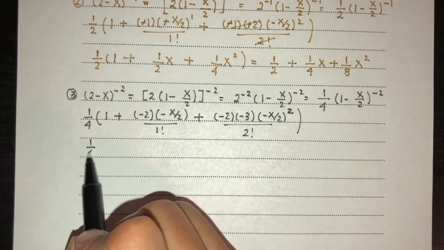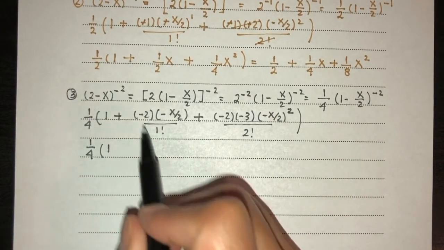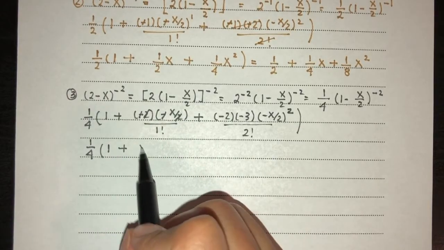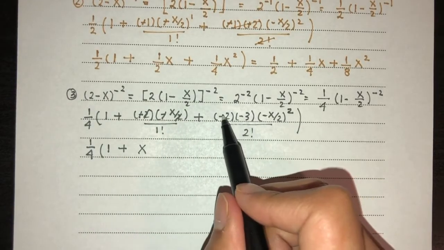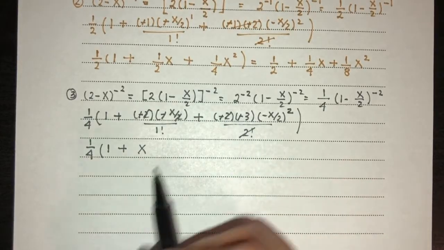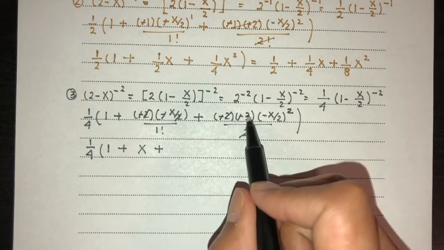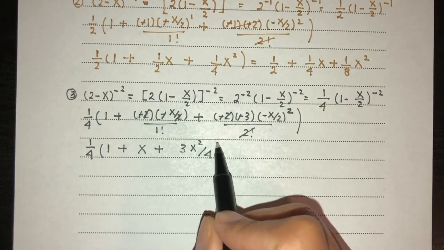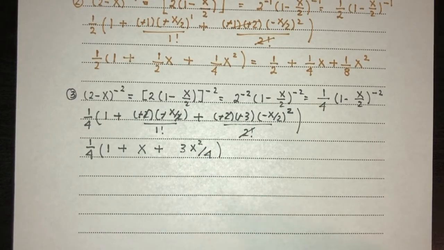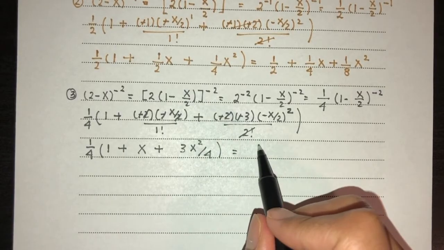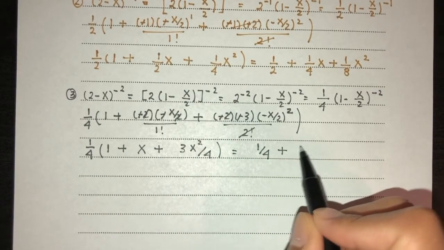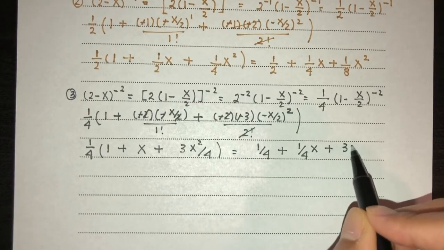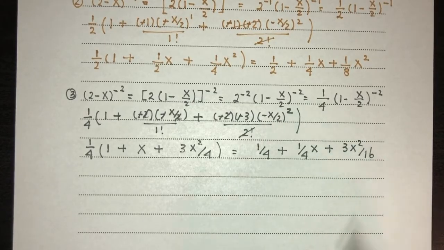We have 1 over 4 times 1. This is cancelled out, plus x, and here we have cancel out. That become plus 3 x squared over 4. Now we have to expand to see what happens. Becomes 1 over 4 plus 1 over 4x plus 3x squared over 16.